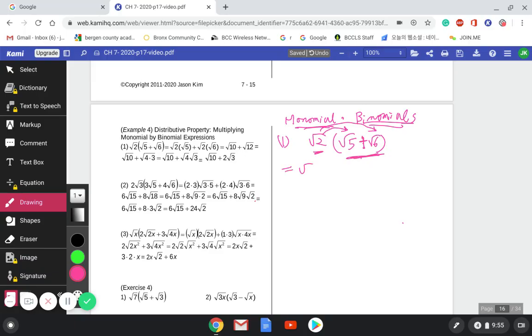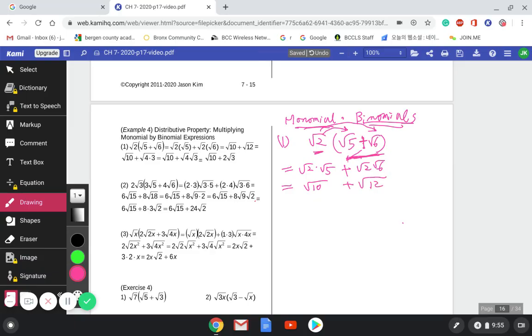So you end up with radical 2 times radical 5, and the operator is plus, and radical 2 times radical 6. So it will break into monomial multiplied by monomial terms. So you end up with the square root of 10, and the square root of 12.